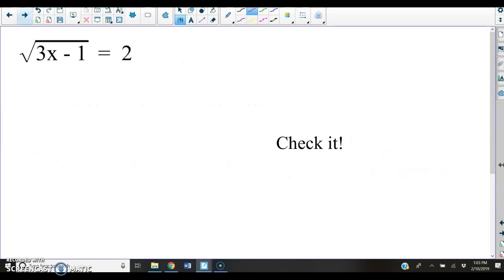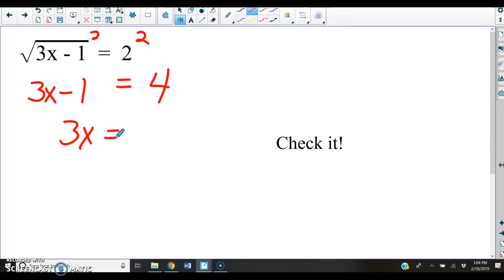Okay, first example. The square root is already isolated. I can go immediately to step 2, which is square both sides. And remember, squaring and square roots are opposite operations, or inverse operations. They undo each other. So when you square that square root, it's just getting rid of that. Now you have 3x minus 1 equals 4.